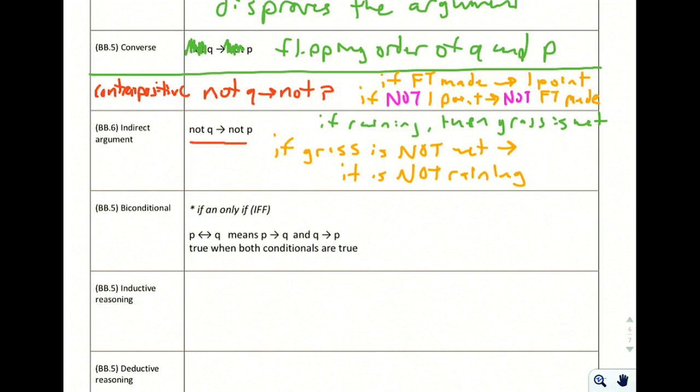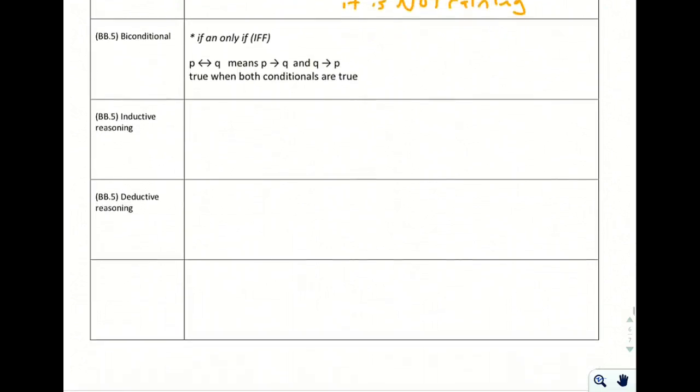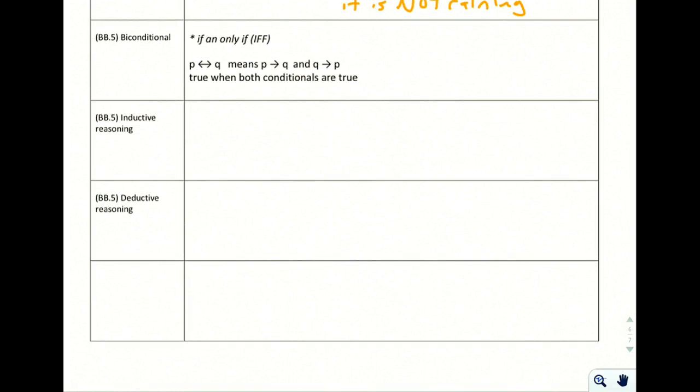Next word, biconditional. Another way of saying that is if and only if. That is abbreviated IFF. If you're sick of writing it all the way out, you could just write IFF. Basically, it's saying that the conditional statement goes both directions.